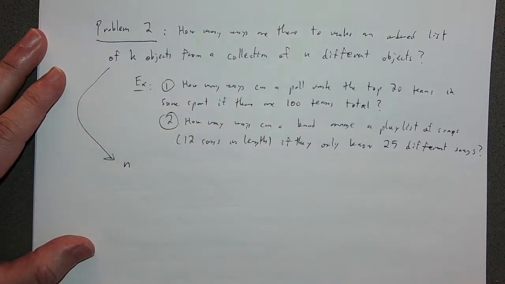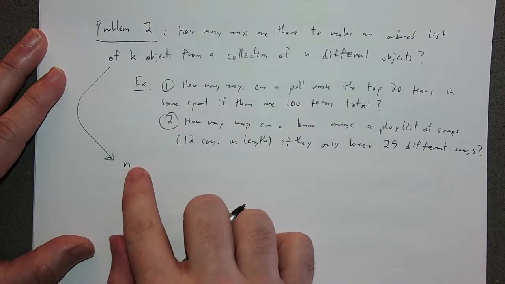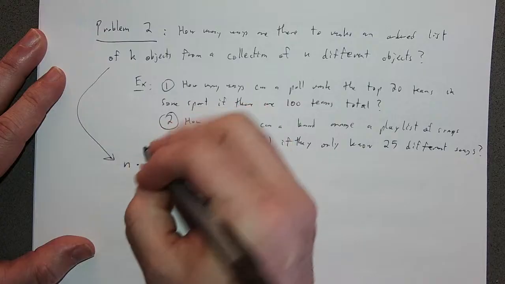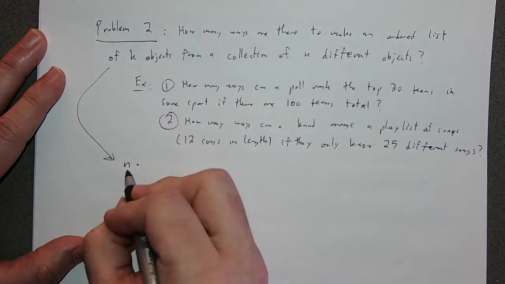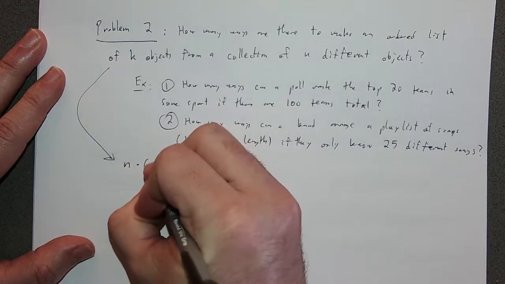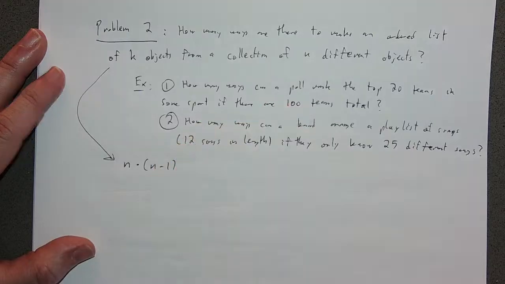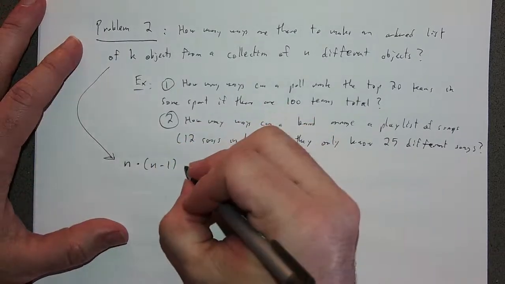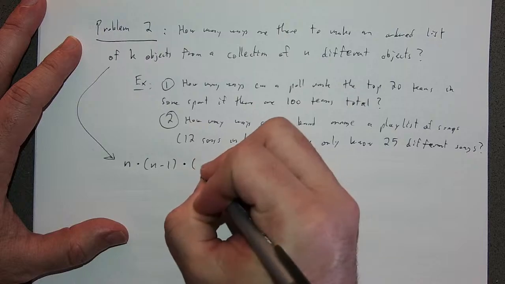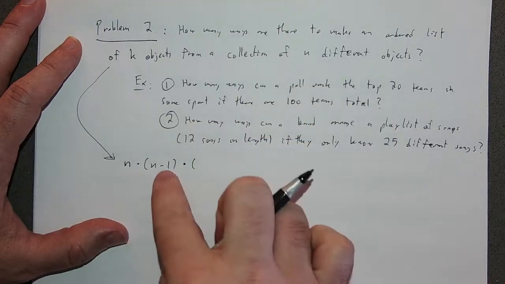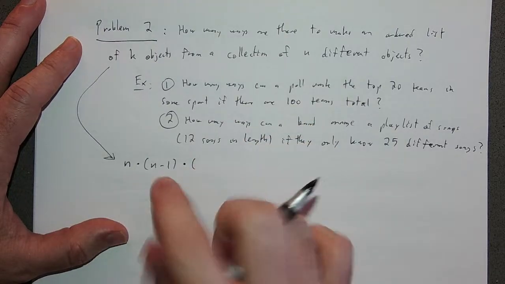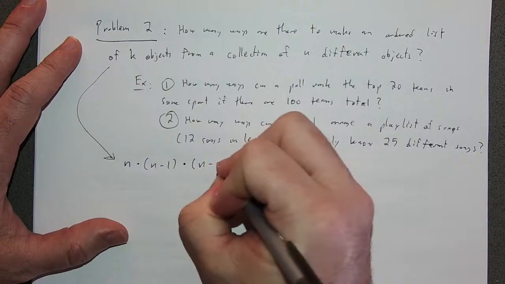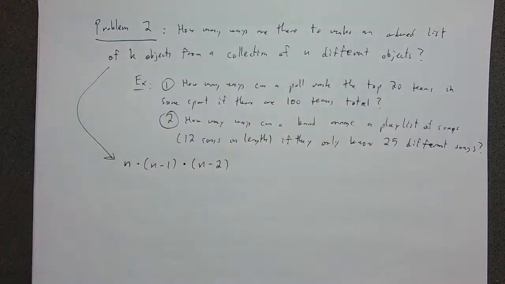right? In my second slot, I can choose anything that's not the first choice. So I have n minus 1 options. In my third slot, I can choose any option that is not the first two things I chose. So n minus 2.